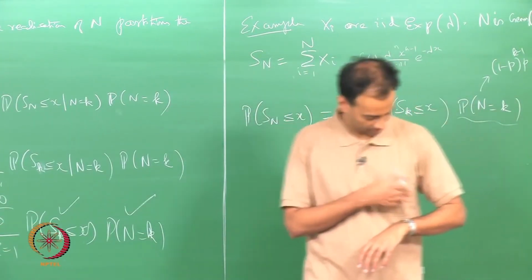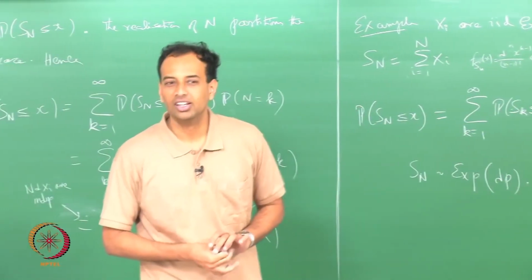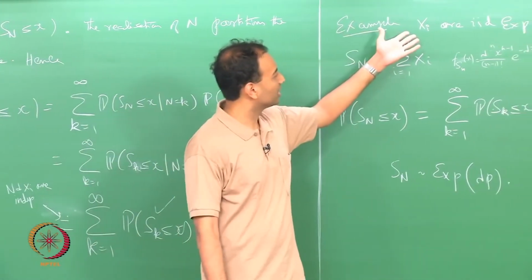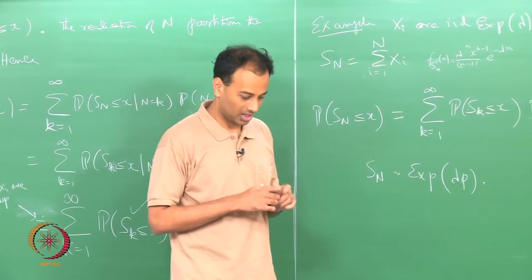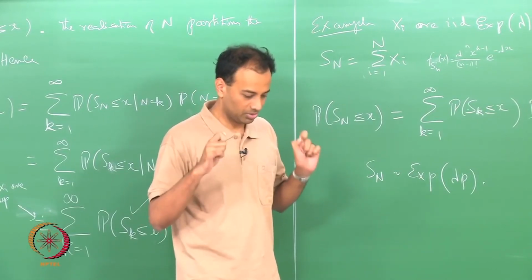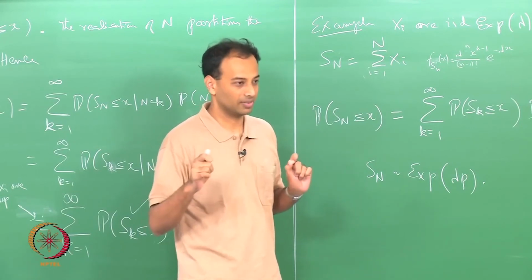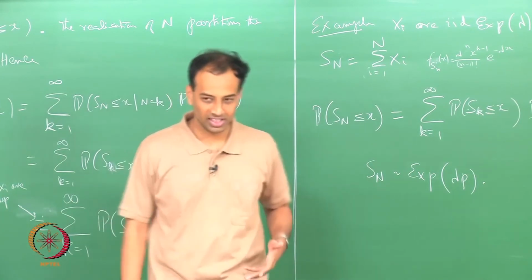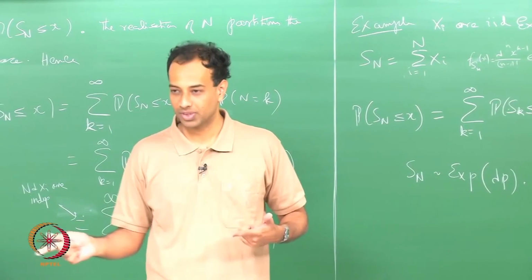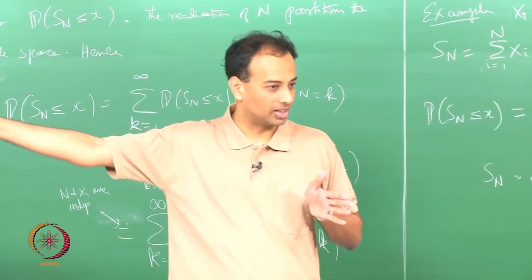Now, there is a very nice interpretation to this result. I mentioned that exponentials are the time duration between two successive radioactive emissions. So, suppose a radioactive source is emitting particles and the inter-emission times are all IID exponentials with parameter lambda.